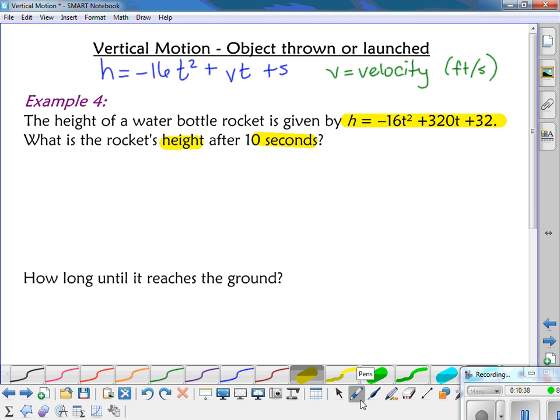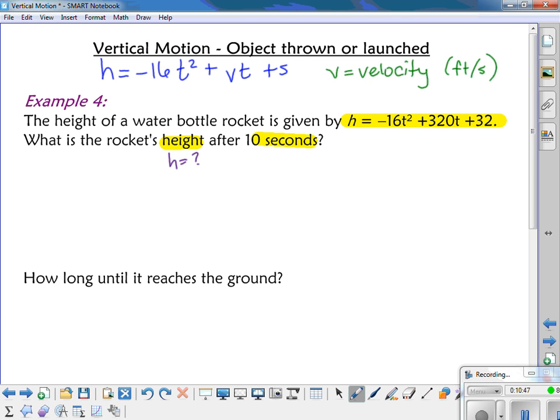So we're trying to find h. So h is what we don't know. And then t is equal to 10. And then you just plug it into that equation. So h equals negative 16 times 10 squared plus 320 times 10 plus 32.